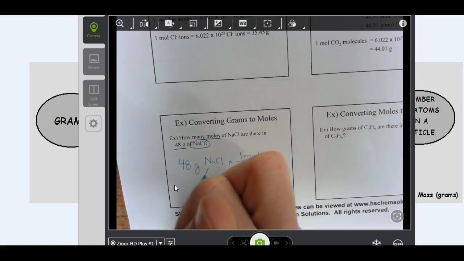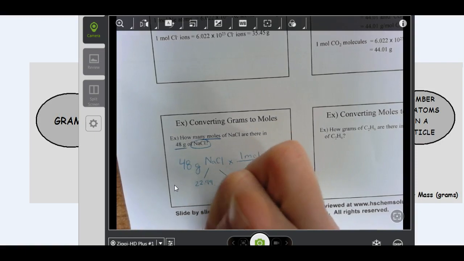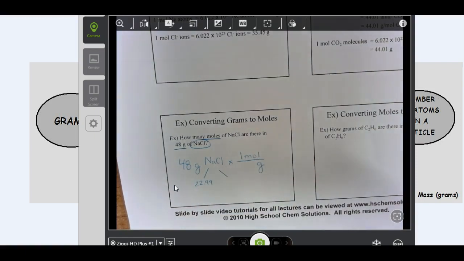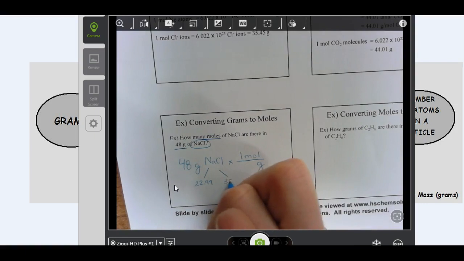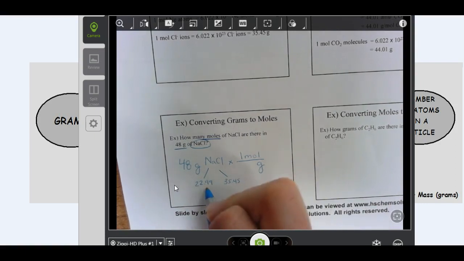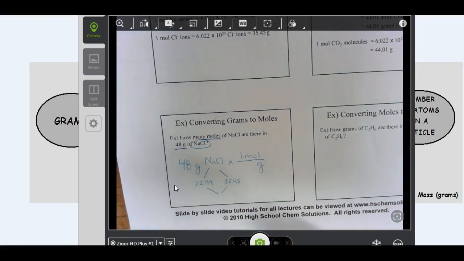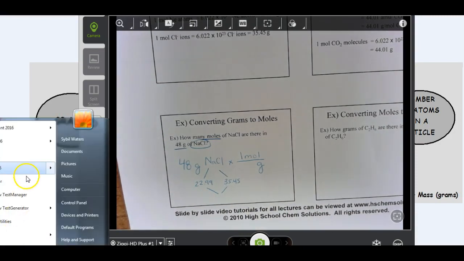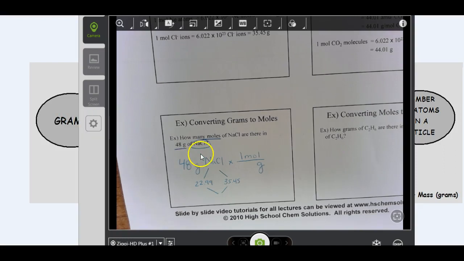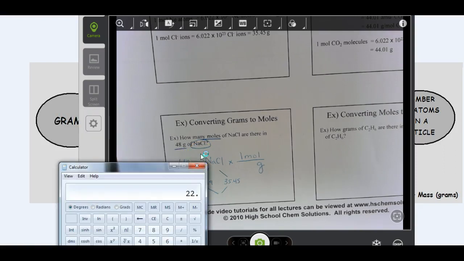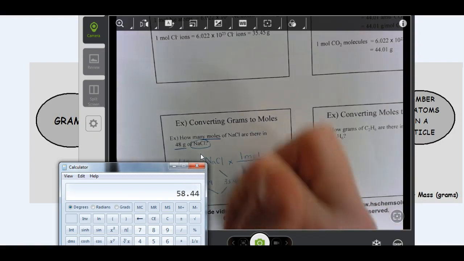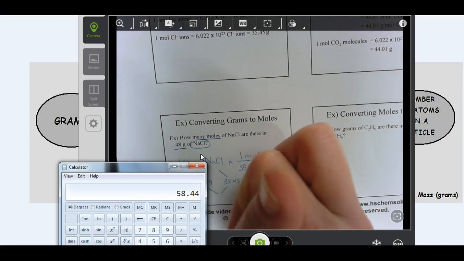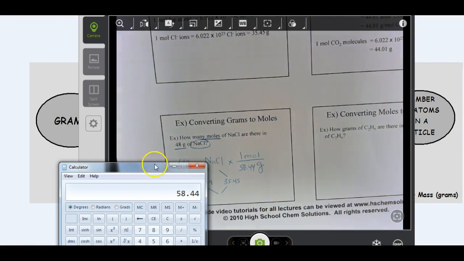So for sodium, the molar mass is 22.99 from the periodic table, and chlorine 35.45. Okay, so I'm going to add those together to get the molar mass for sodium chloride, 58.44 grams.